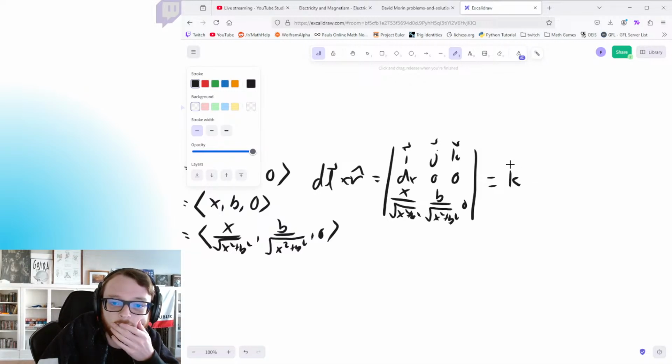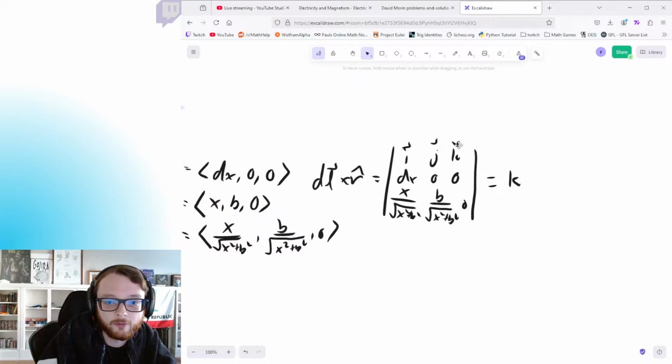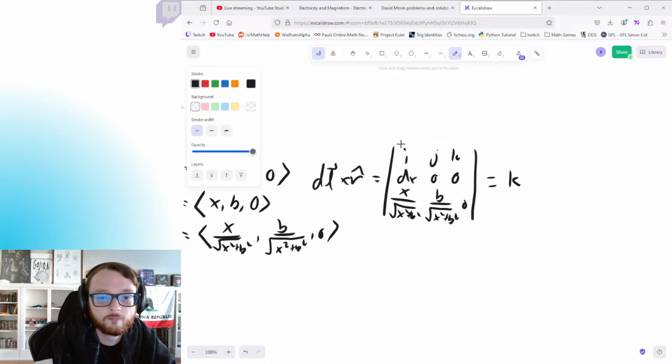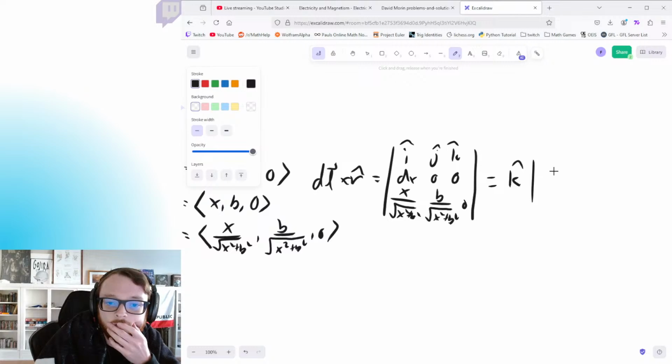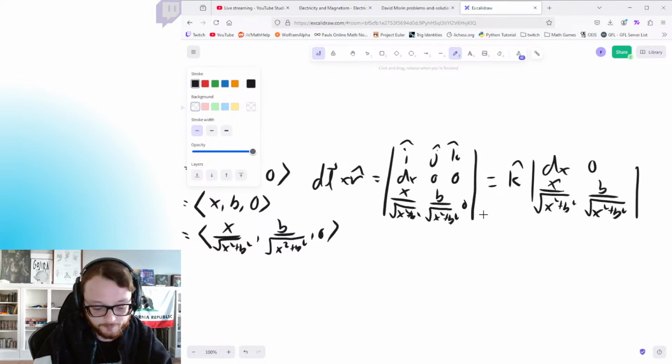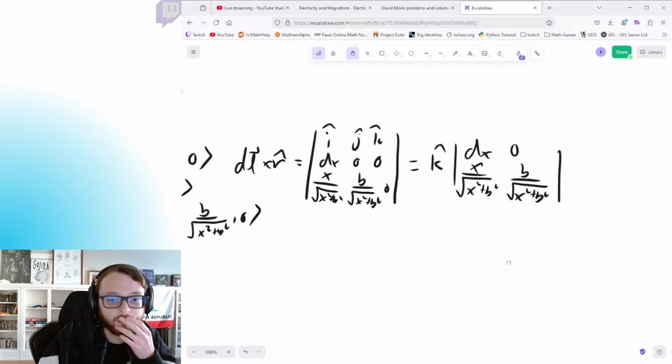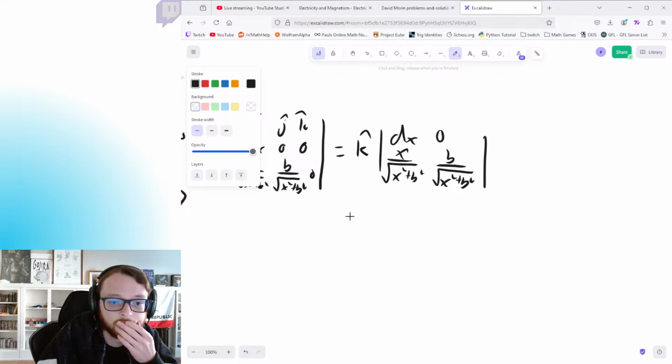Good. These are hats, aren't they? So maybe you were right then. If it's only in the k, maybe it's only in the Z direction.